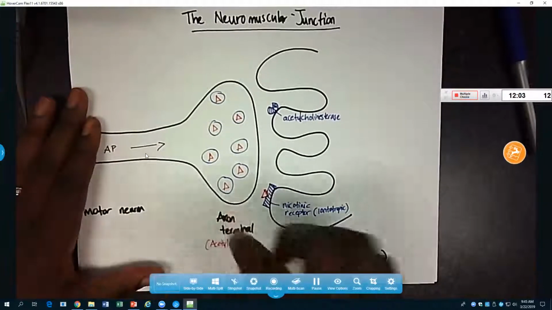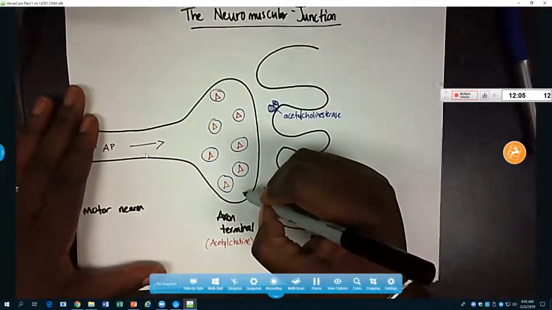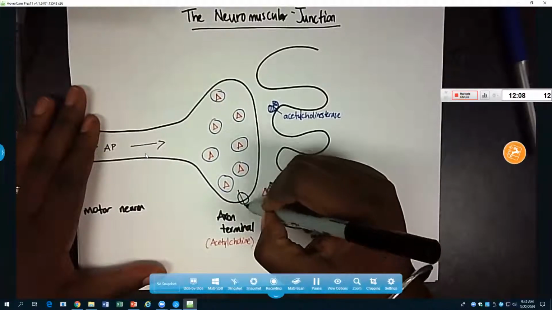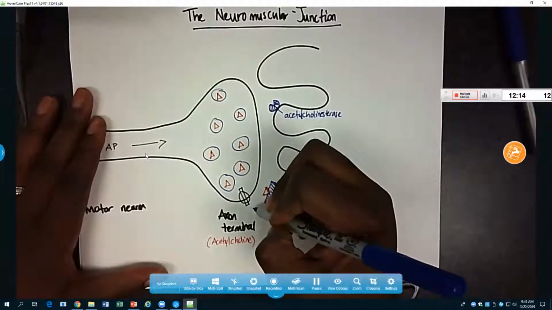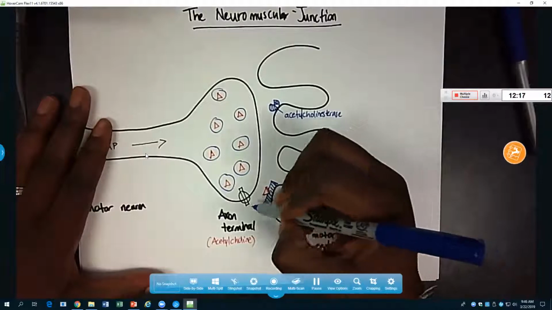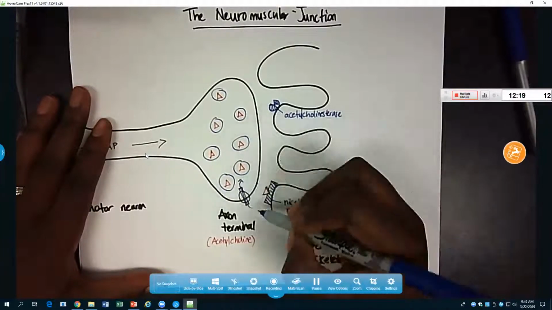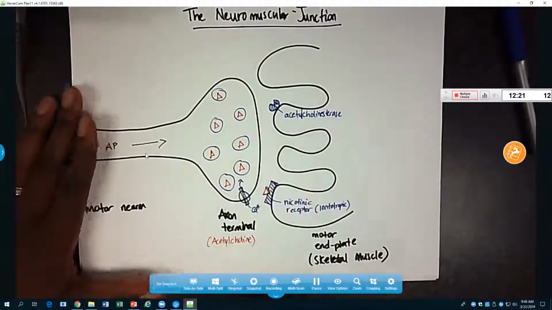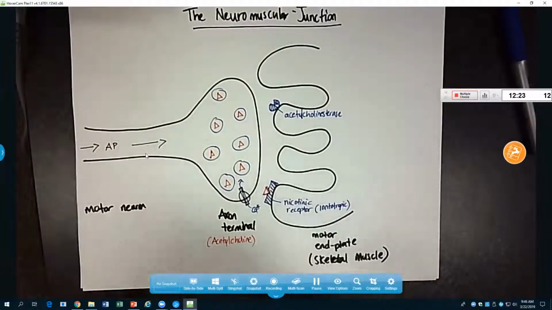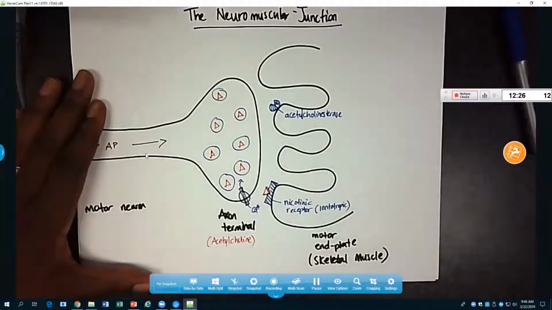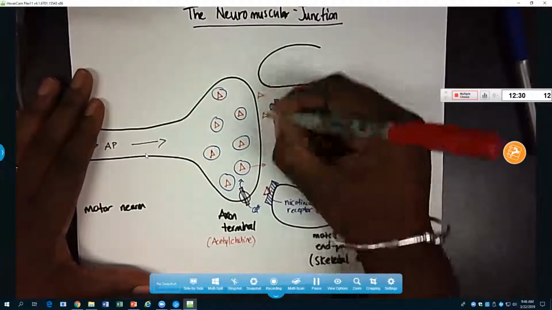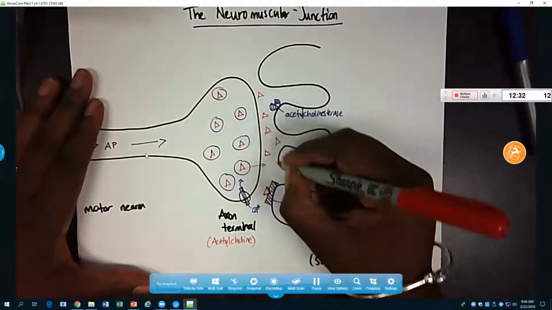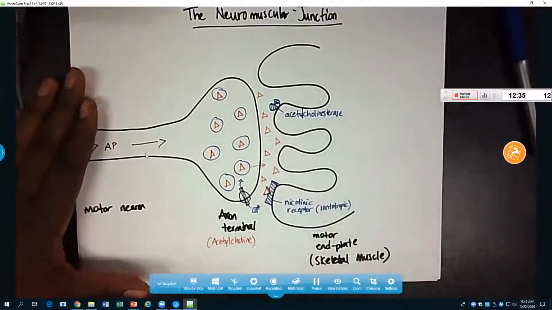When it gets there, it triggers the opening of voltage-gated calcium channels, and we have the influx of calcium. Calcium comes into the terminal bouton and triggers exocytosis of these vesicles, which dumps the neurotransmitter into the synaptic cleft.